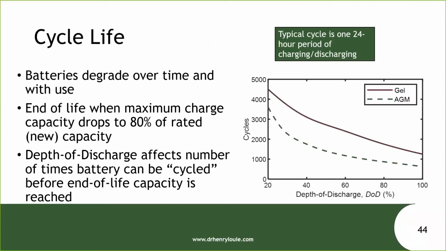And battery manufacturers will often provide a curve that's similar to what's shown here, where as you increase the depth of discharge, so as you increase the charge provided by that battery each day, its lifespan will decrease, and it's going to decrease in sort of a nonlinear way.